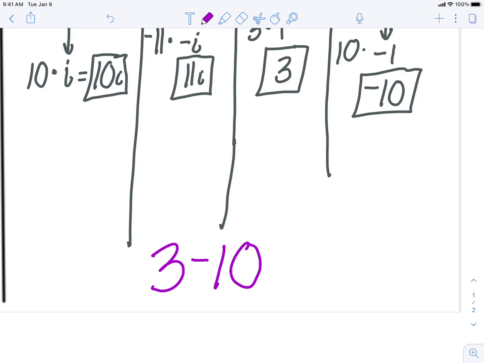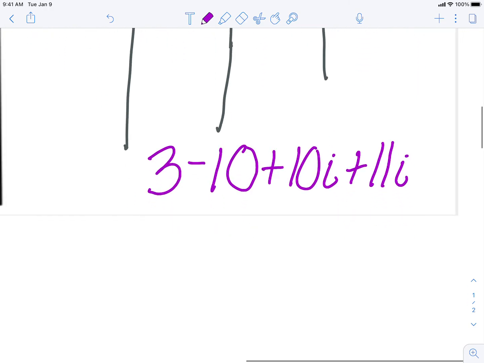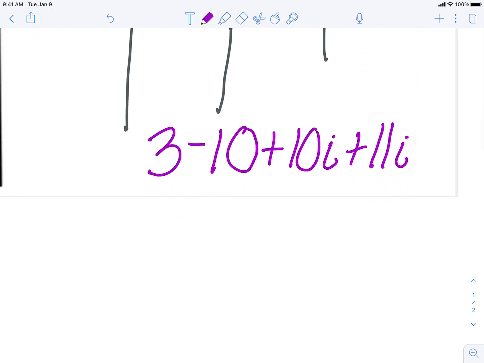Okay. Now my imaginary numbers, I have a positive 10i, so I'm going to say plus 10i. And finally, I have a positive 11i, plus 11i, just like that.